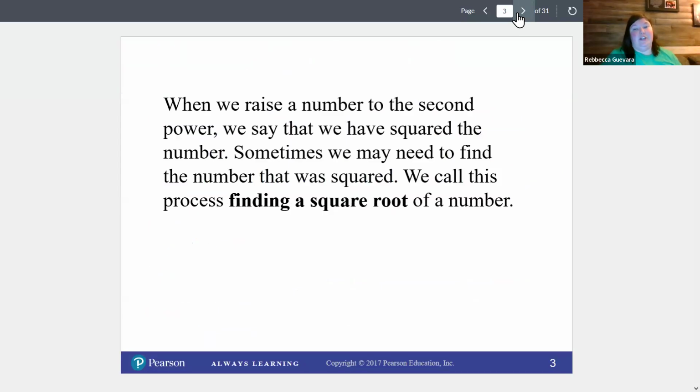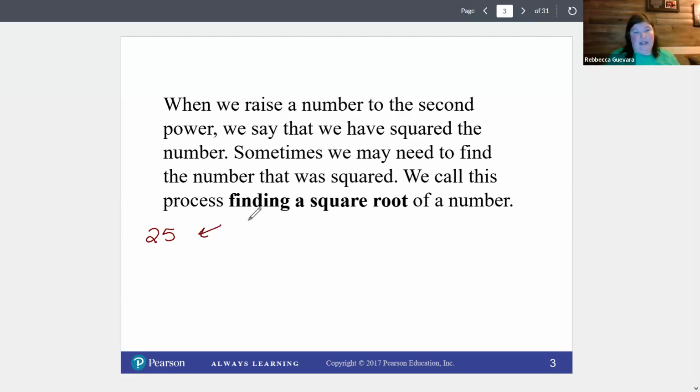So when we raise a number to the second power, we say that we have squared the number. Sometimes we may need to find a number that was squared. This is what we call the process of finding a square root. What we mean by this is that if I look at, say, 25, I have two numbers that I can square that give me 25.